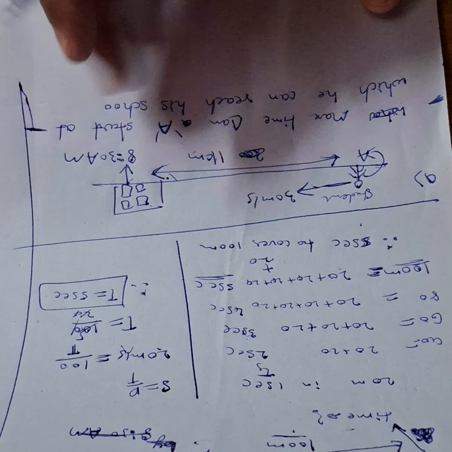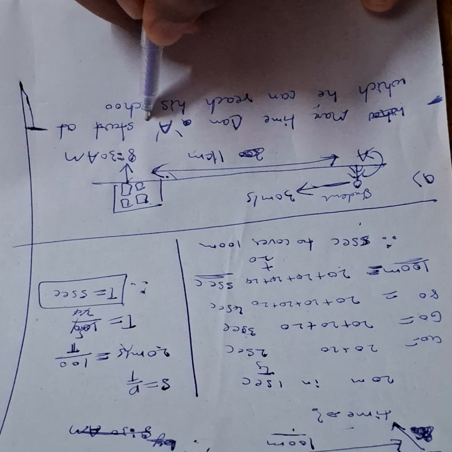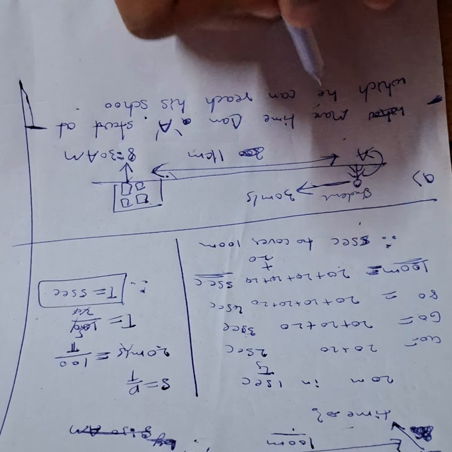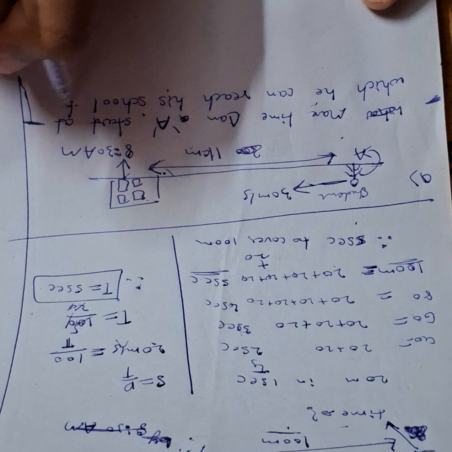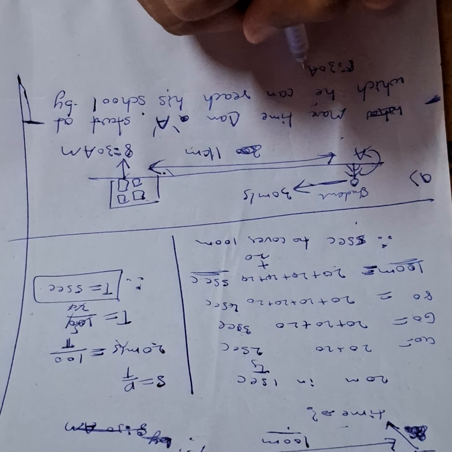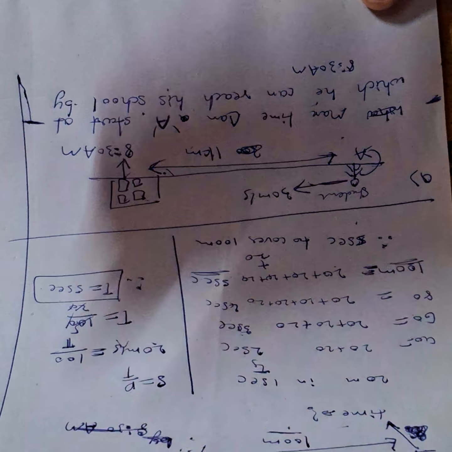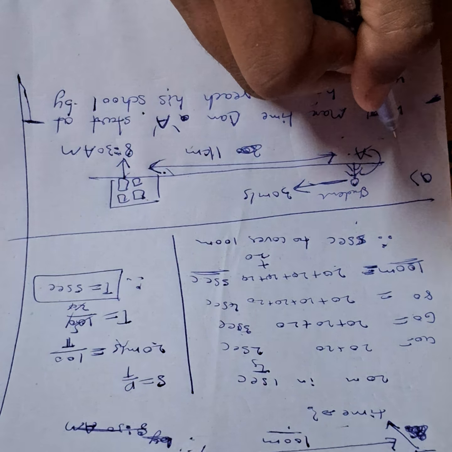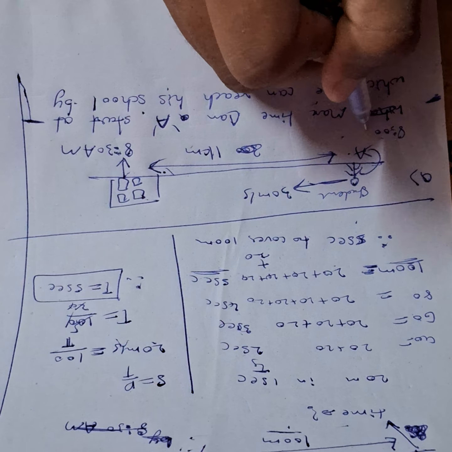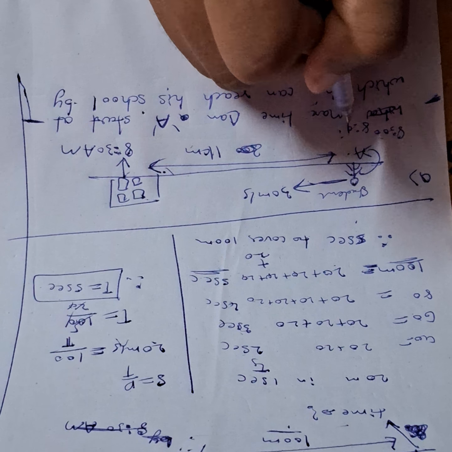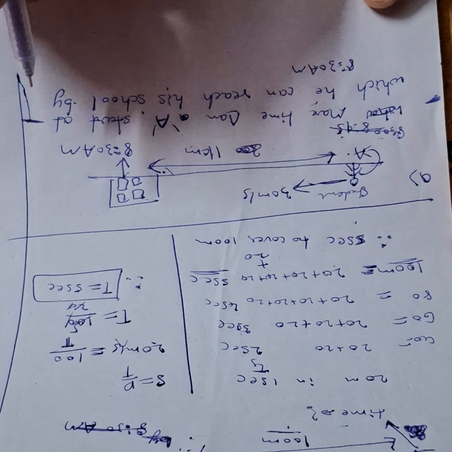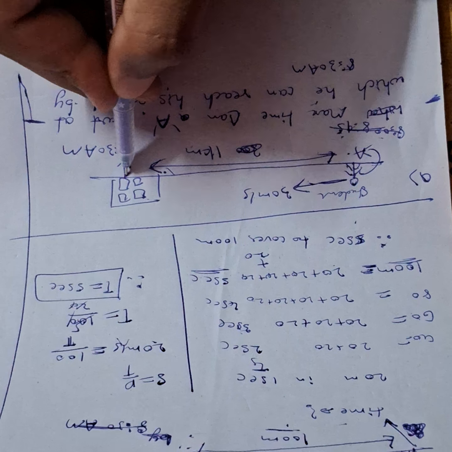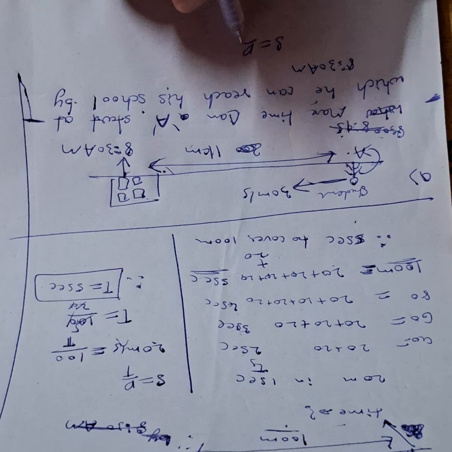Are you able to see? So we have to find the maximum time at which A can start from here and reach his school by 8:30. We have to find whether it is 8 a.m. or 8:15 a.m. So to find this, we just have to find the time taken by the person to reach his school by using the formula s equal to d by t.